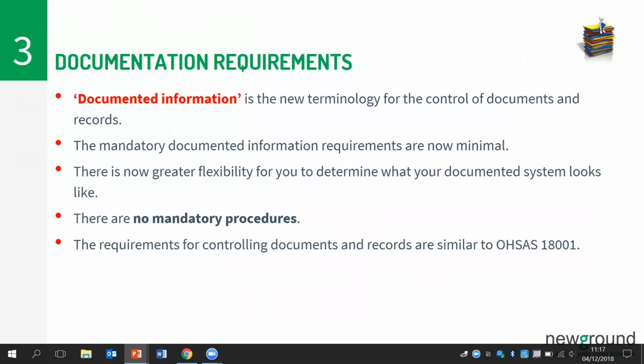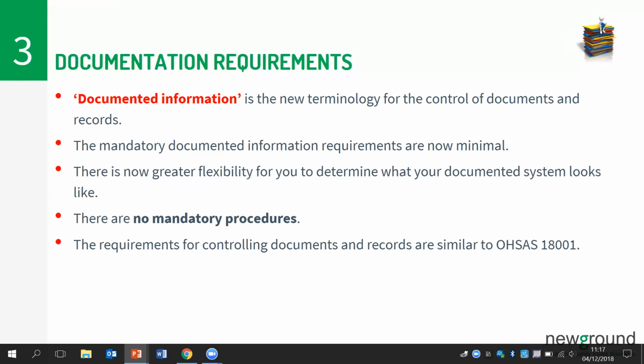The standard uses the terms "you shall maintain documented information," which essentially means that you must document something. It also uses the term "you shall retain documented information," which means that you shall keep a record of something. So it could be slightly confusing for you. You need to remember the words maintain documented information means keep a document, and retain documented information essentially means you need a record for it.